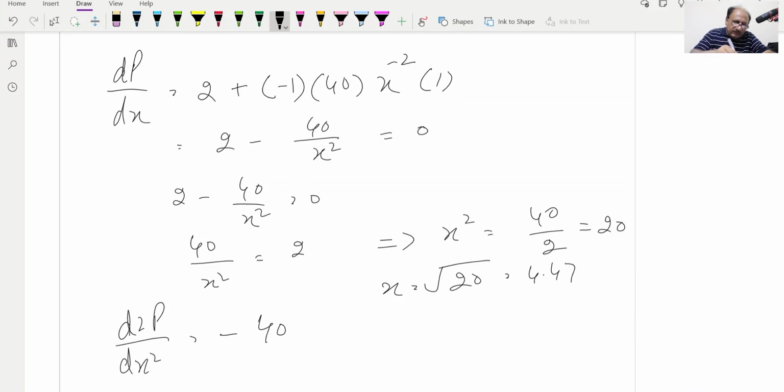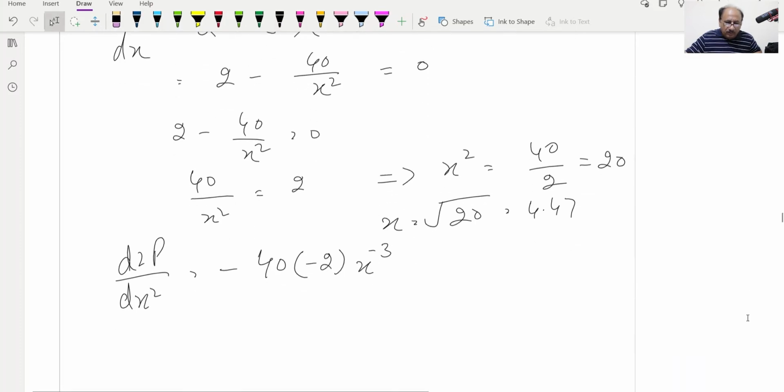We are taking the derivative of basically this one, right? So minus 40 into minus 2 when it goes up, and you can say that we are taking the derivative of this equation. So the derivative of the constant 2 will be 0, and minus 40 and minus 2 we have pulled first, so x raised to minus 3, and this will be equal to what, if we find it will be always positive.